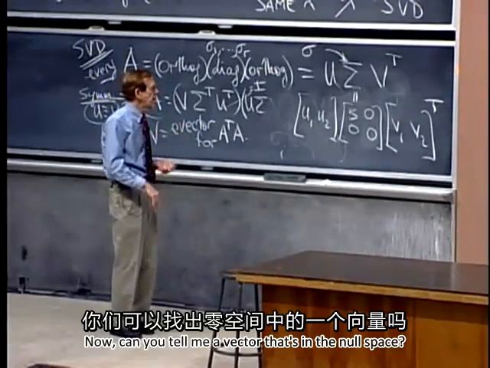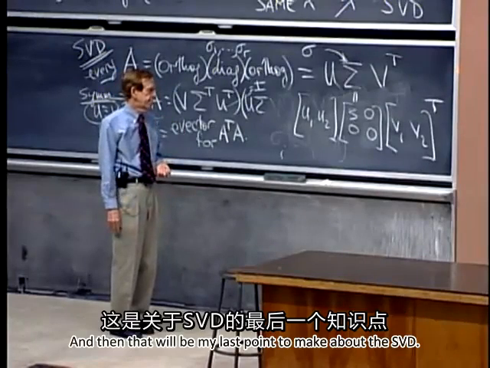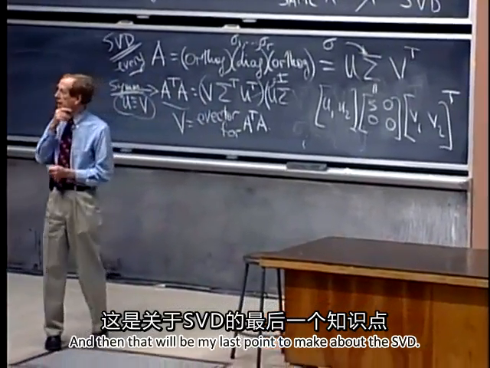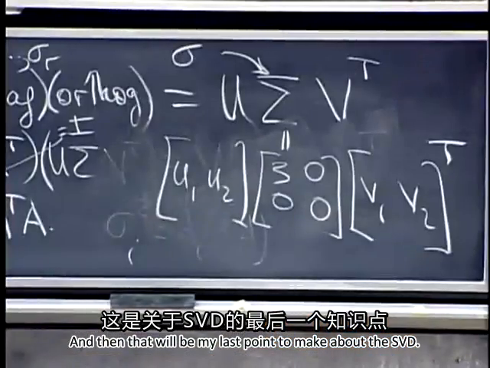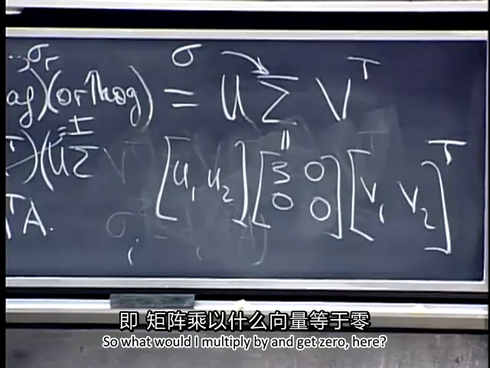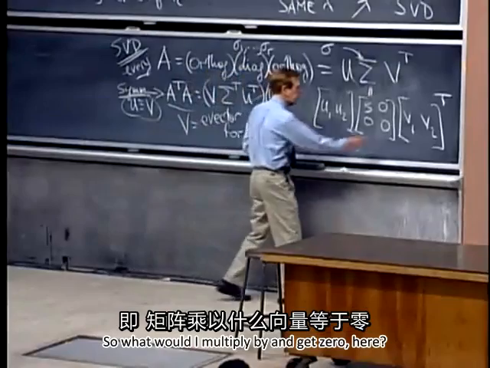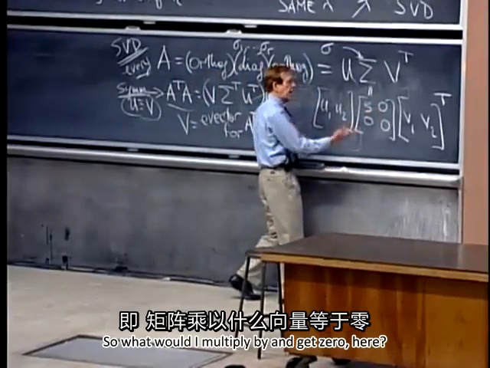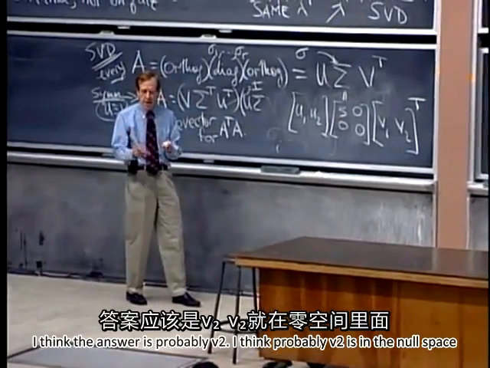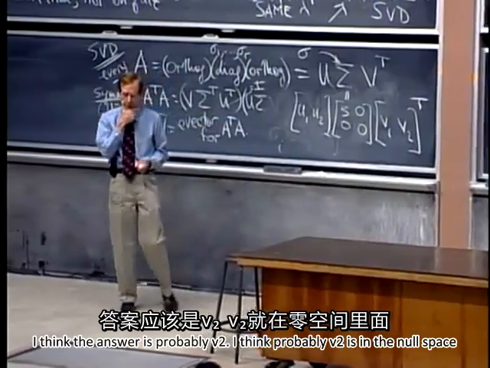Now, can you tell me a vector that's in the null space? And then that'll be my last point to make about the SVD. What would I multiply by and get 0 here? I think the answer is probably V2.